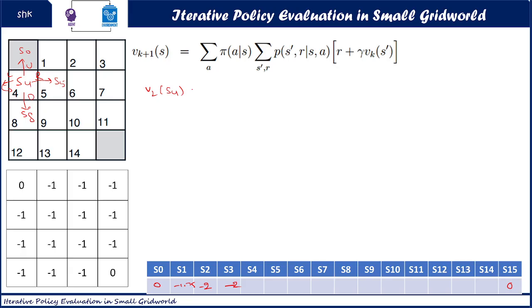Now we will see V2 of S4, which is equivalent to summation over all the actions, the probability of a particular action from S4 state. The probability of state transition we consider as 1. Reward is minus 1. Discount factor is 1. So you can write the function as minus 1 plus V1 of S dash, where S dash will depend upon the action which you are considering.